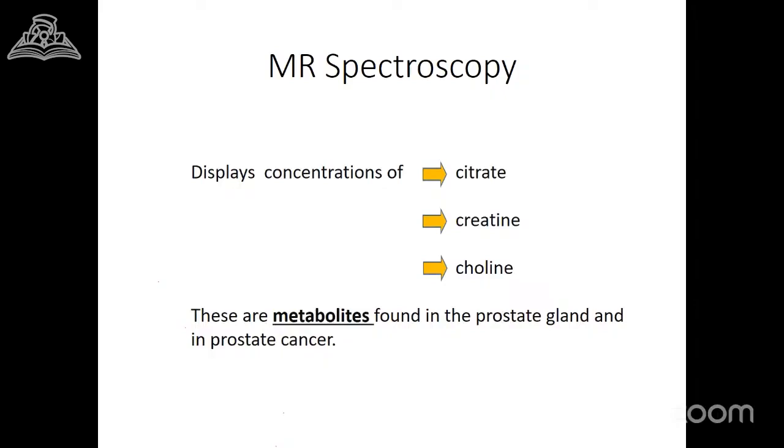In prostate cancer, the metabolite levels change, particularly with an increase in choline and reduction in citrate, allowing metabolic characterization of suspicious lesions.